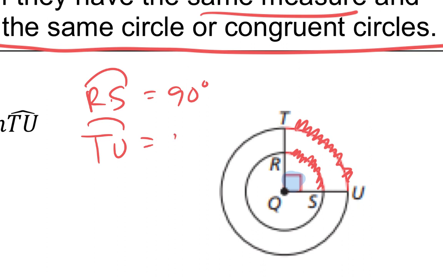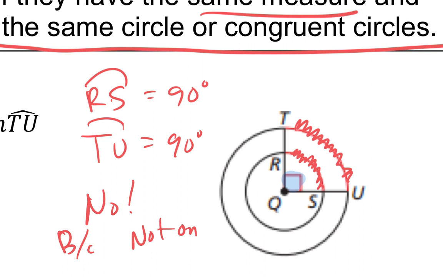TU is also 90 degrees, because they both are created by a 90 degree angle. So are they congruent? They're both the same measure, but the answer is no, because they're not on the same circle.